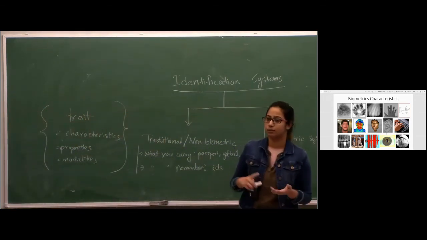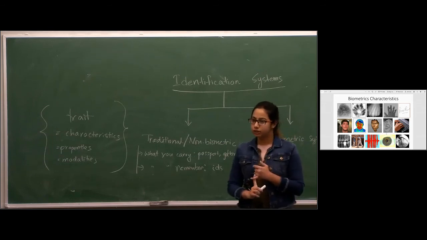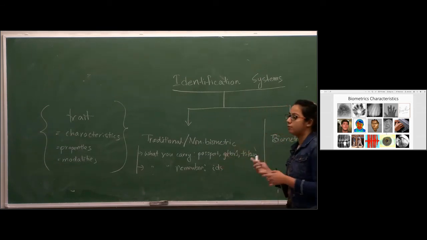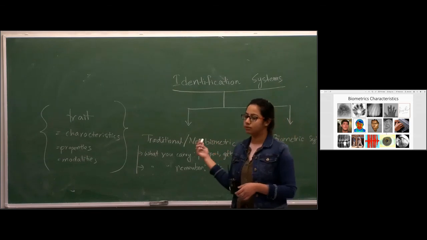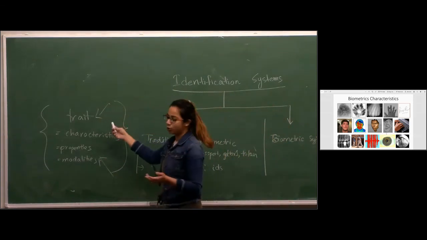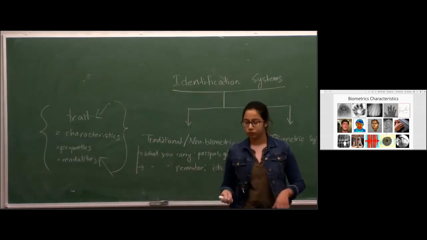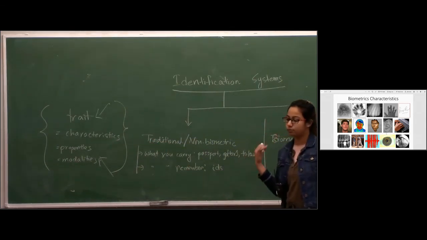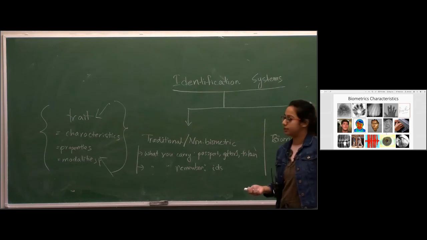Face, you can say it's a biometric trait, biometric feature, biometric modality, or biometric characteristic. So in books, sometimes you will find trait, sometimes it's called modality or property. So they all mean the same thing. So now we will have a look at the popular biometric characteristics.